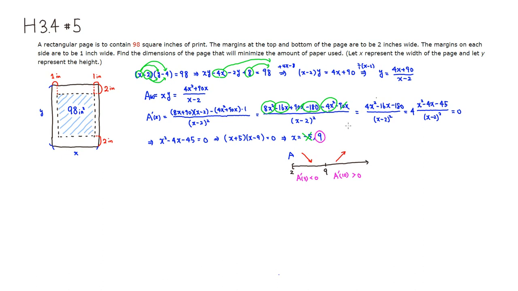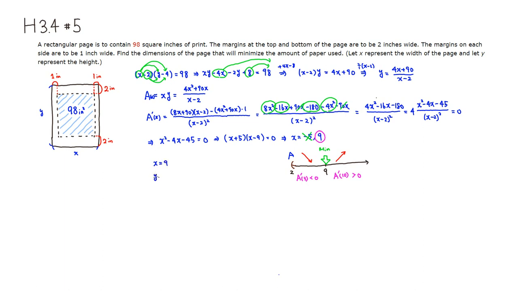So right here is going to be the minimum value. Actually, it cannot be equal to 2, so I have to eliminate that. So x equals 9 would be the minimum area.